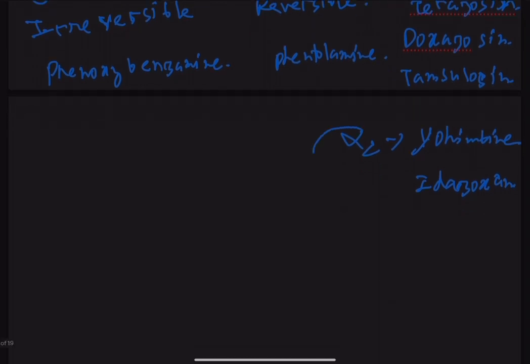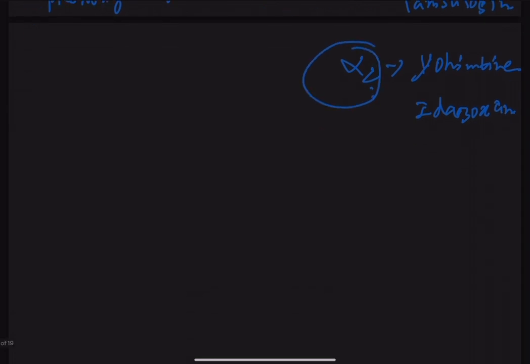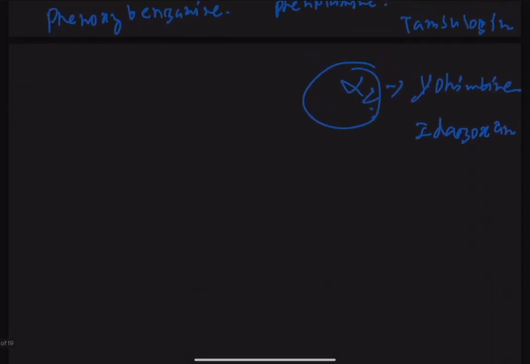Mainly, alpha 2 adrenergic antagonists are rarely used or not used at all. So we are not going to talk about the alpha 2 here. We're going to talk about the non-selective and the alpha 1 selective adrenergic antagonists.